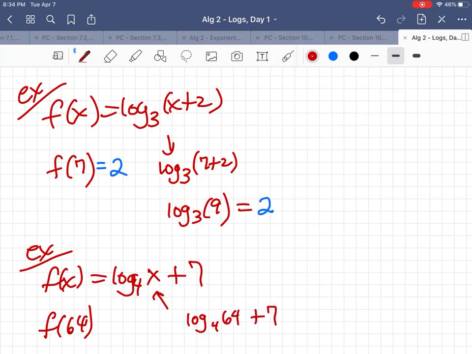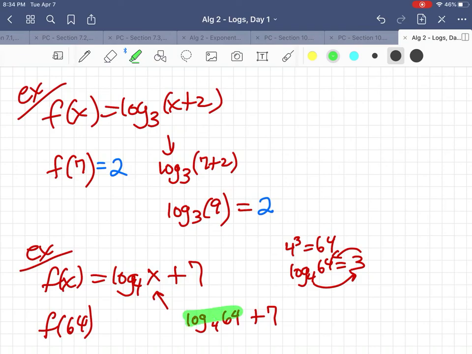Well, I'm going to have to figure this one out. 4 to what power equals 64? Let me see. 4 to the third is 64, so log base 4 of 64 must be 3. So instead of this log base 4 of 64, I am able to replace this whole thing with just good old number 3. So 3 plus 7 is 10. So the answer to my question is 10.